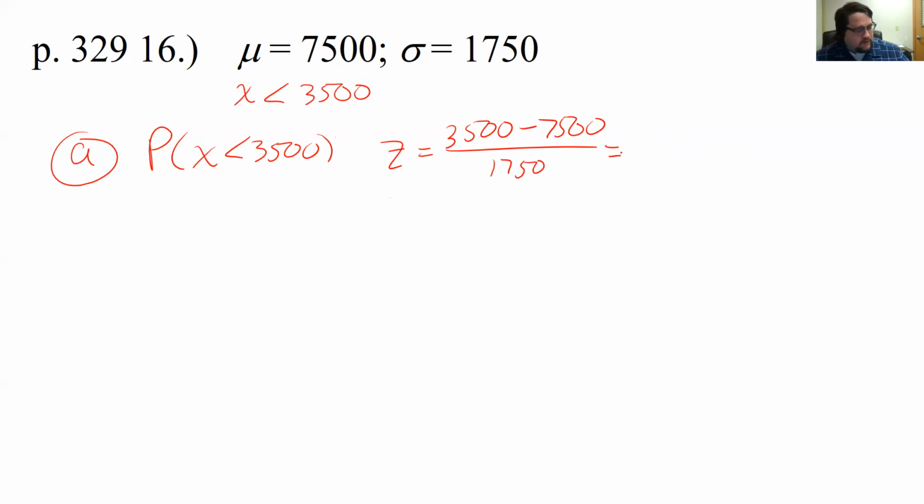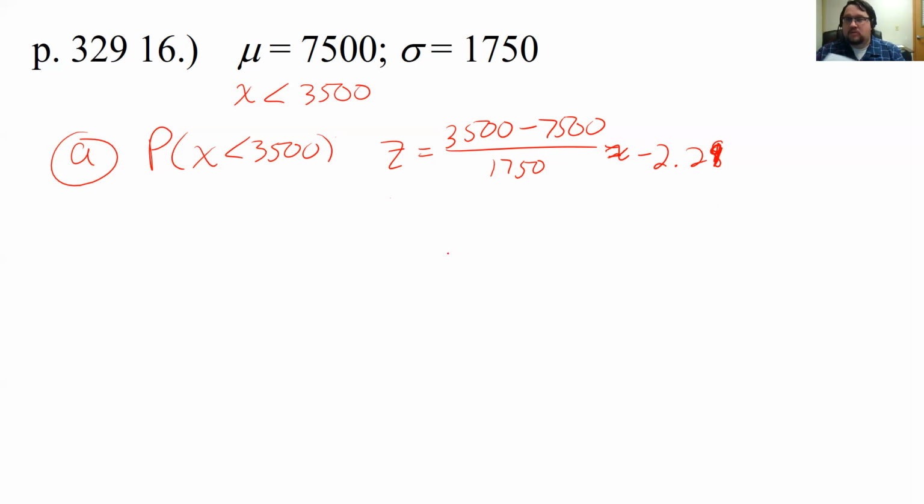So we do that calculation, 3,500 minus 7,500, and then divide that by the standard deviation, 1,750. We're going to round this to 2 decimal places because that's what our chart uses. So negative 2.29. Let's go to our chart.